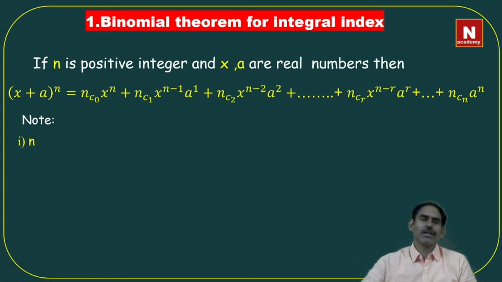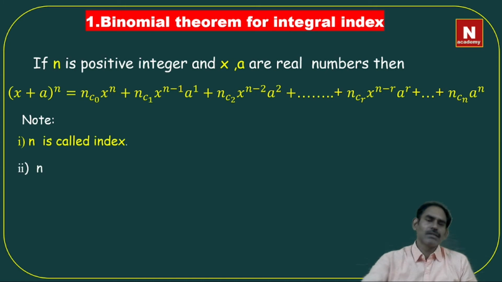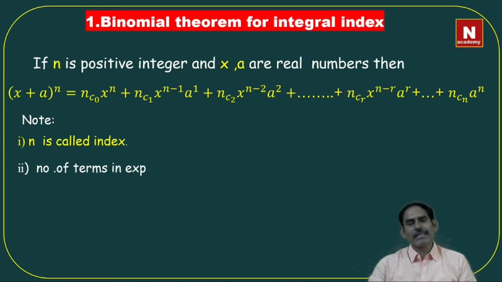Note number 1. n is called index of the binomial expansion here. Next, second note. Number of terms in the expansion of (x plus a) whole power n is n plus 1. Why n plus 1 terms here?